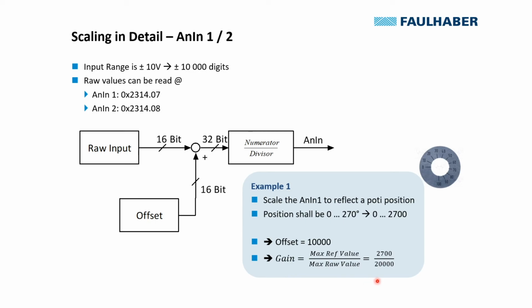And that's the equation here. So what we have to do is divide by the 20,000 and multiply with the 2,700. And then we are done and have the range between the 0 and the 2,700. It's a little bit complex, but it's easier to see when we really do this live with the motion manager.